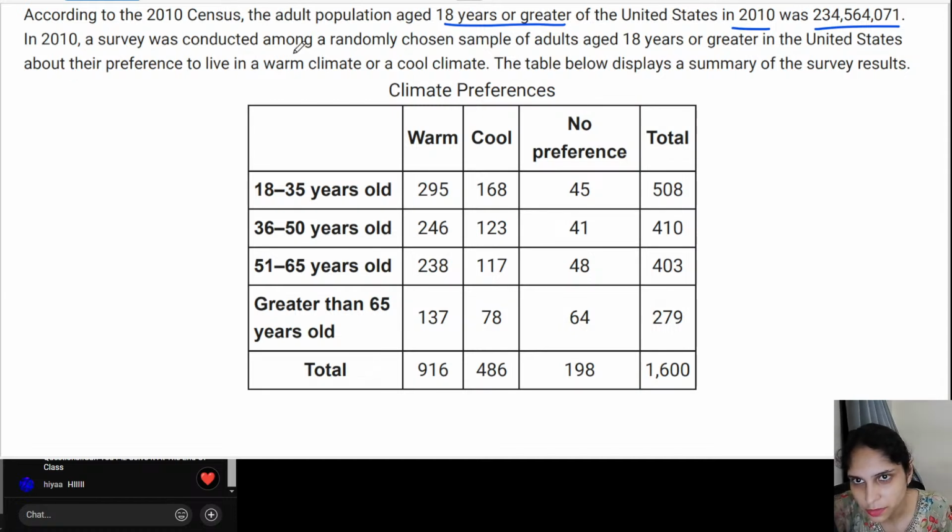In 2010, a survey was conducted among a randomly chosen sample of adults aged 20 years or greater in the United States about their preference to live in a warm climate or a cool climate. This is the result. So they surveyed 1,600 people.